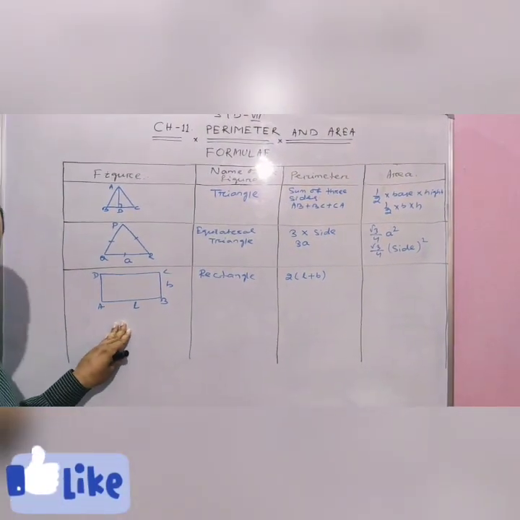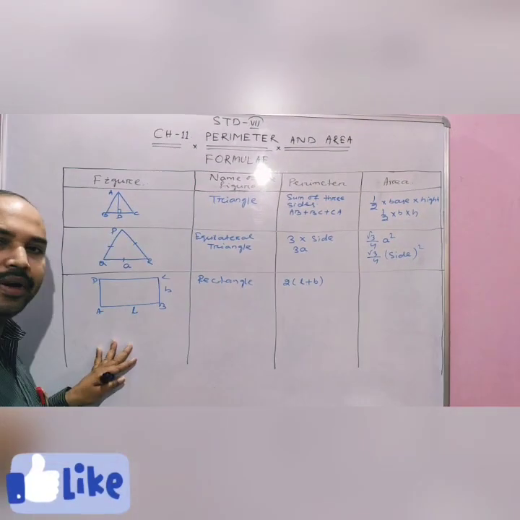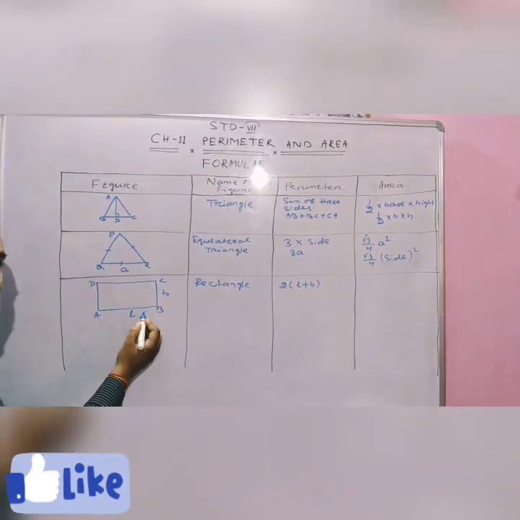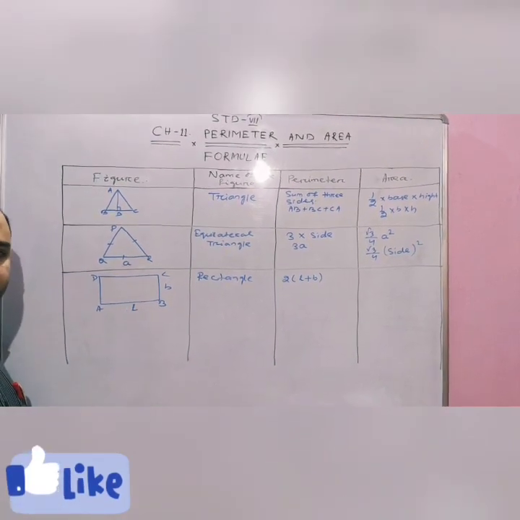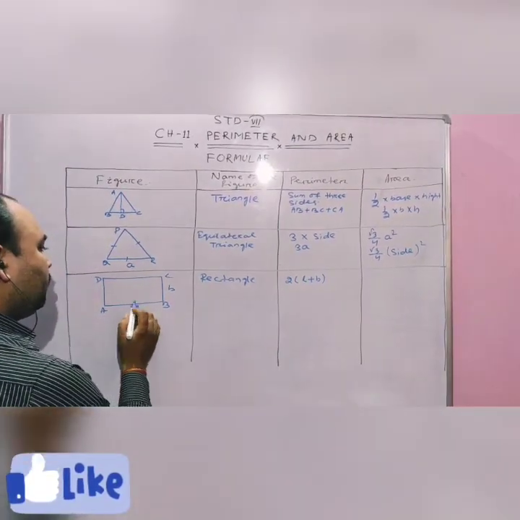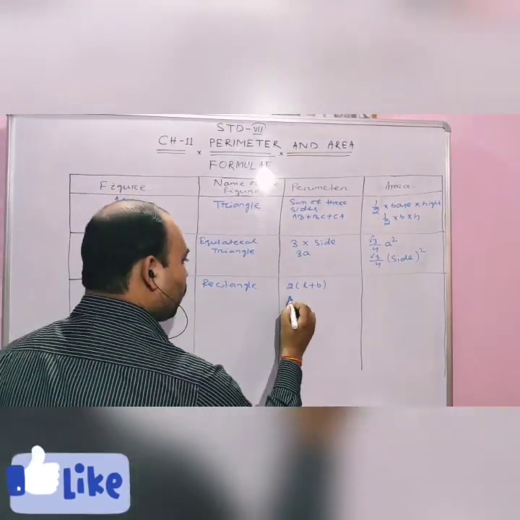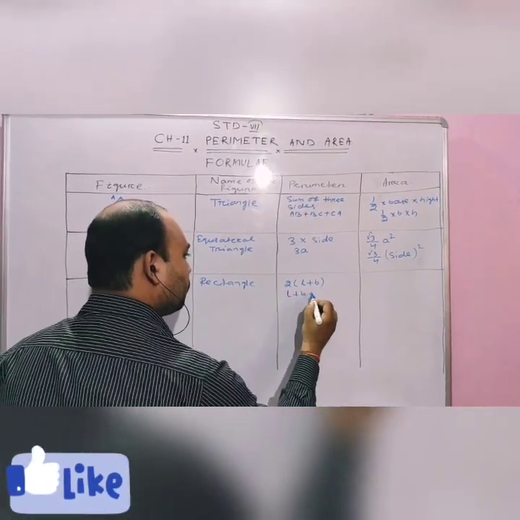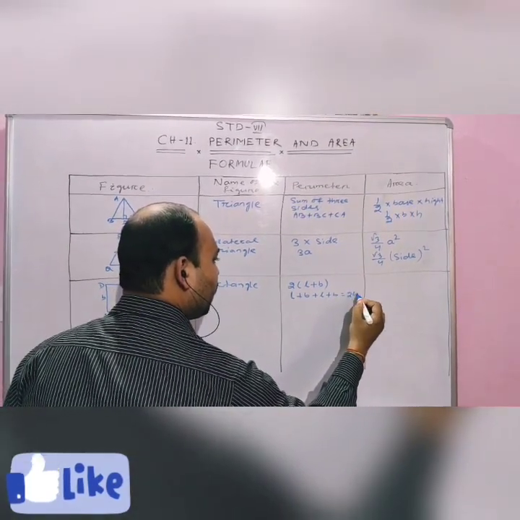We know that perimeter means sum of 4 sides. Here, how many lengths and how many breadths are there? In our rectangle, the lengths are equal and the breadths are also equal, meaning opposite sides are equal. So L, B, L, B. L plus B plus L plus B means 2L and 2B.